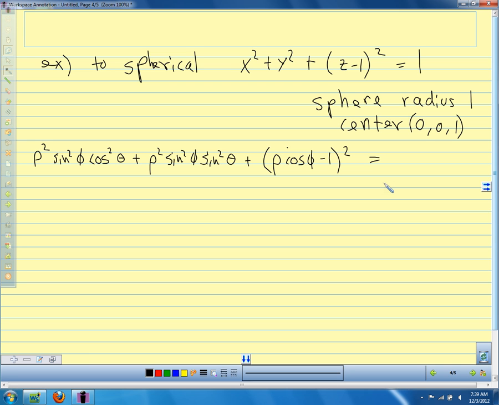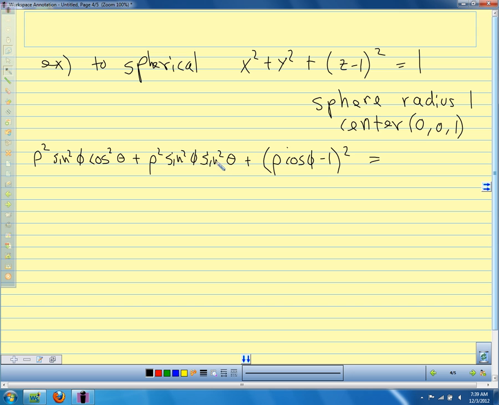Now we're going to simplify. So what do we want to do to simplify here? Factor. So let's expand, and we could factor. Now we could factor our rho squared sine squared phi here, and we have a cosine squared theta plus sine squared theta.